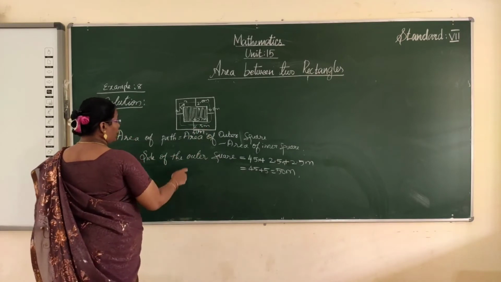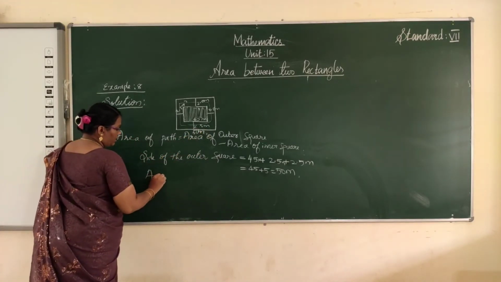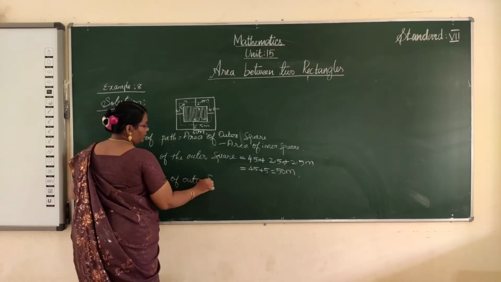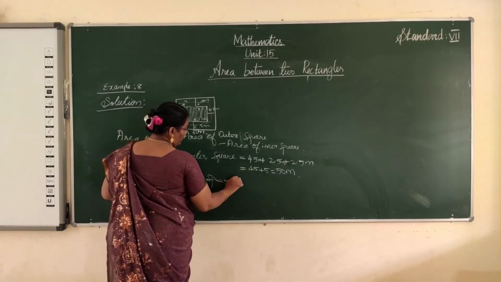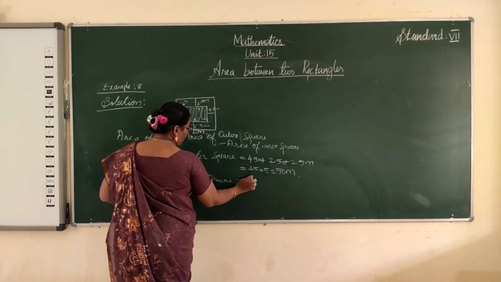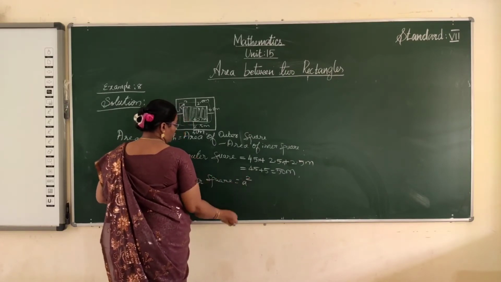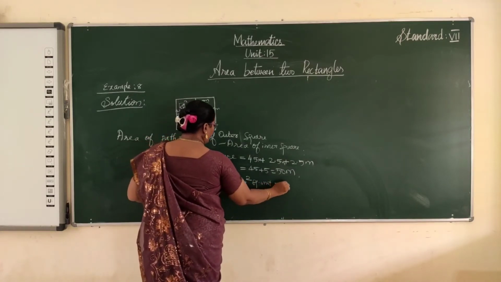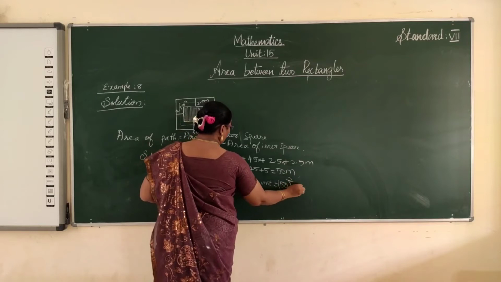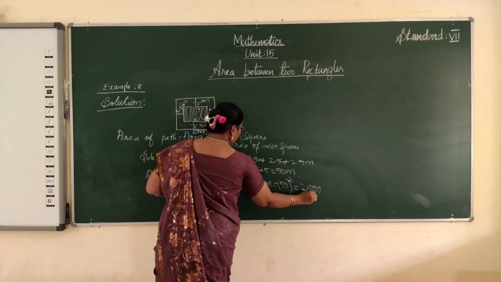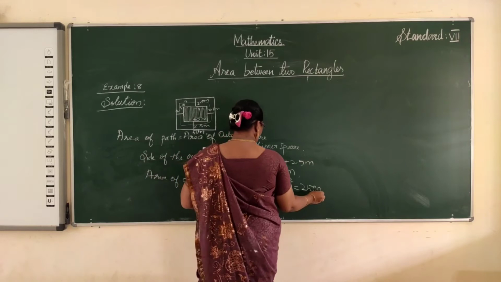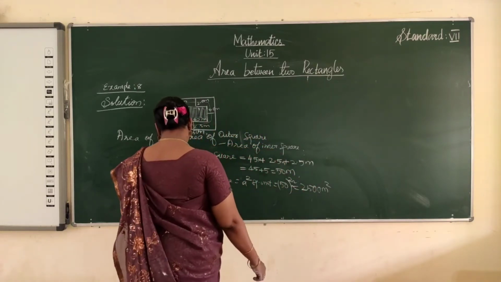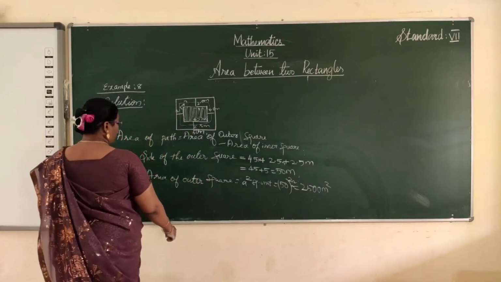Now we calculate the area of the outer square, a square, which is 50 square, equal to 2500 meter square. This is the area of the outer square.